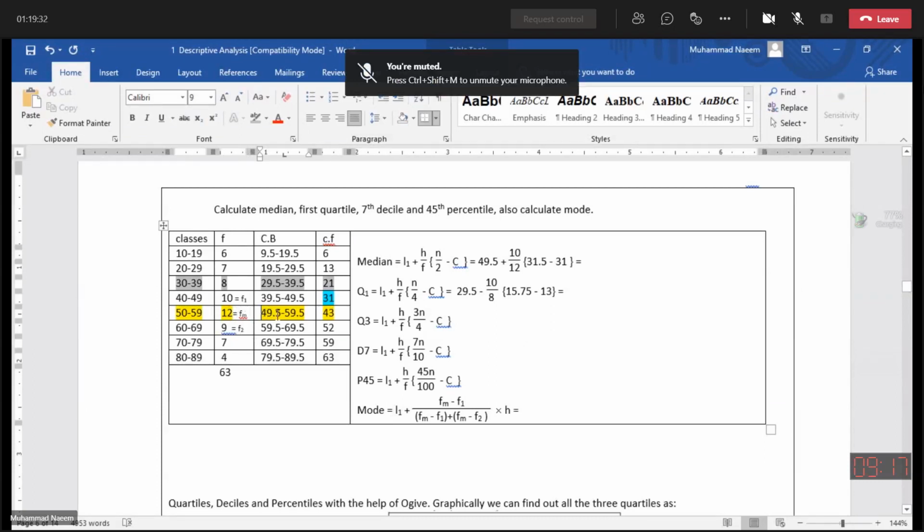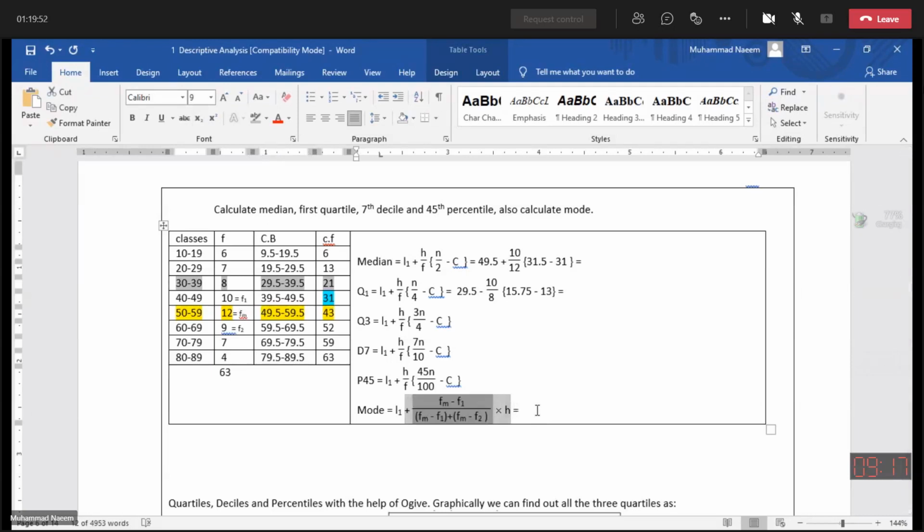Trace out this class interval. Its lower limit is the value of L1. What is H? The overall class width. So we have almost all the values. The value of L1 is, in this case, 49.5. What is the value of H? 10.